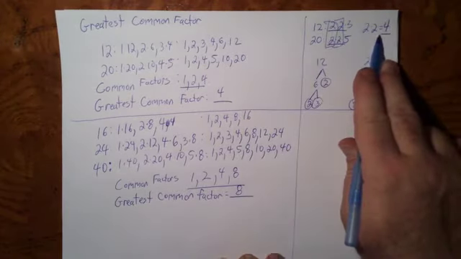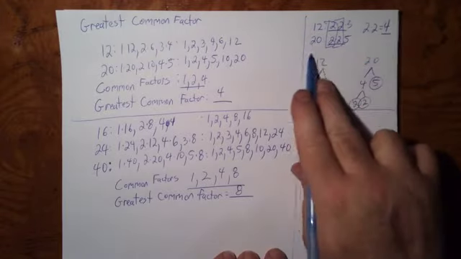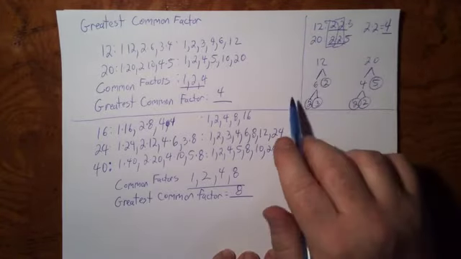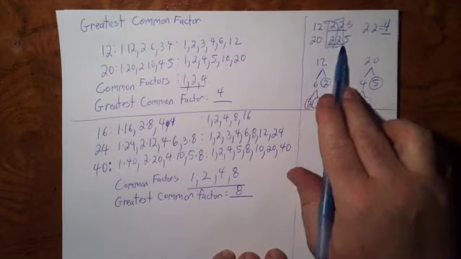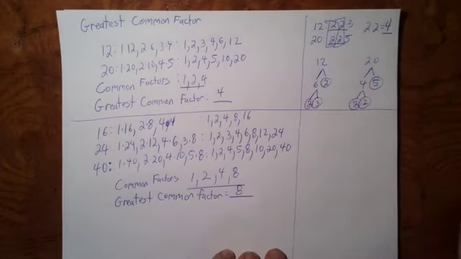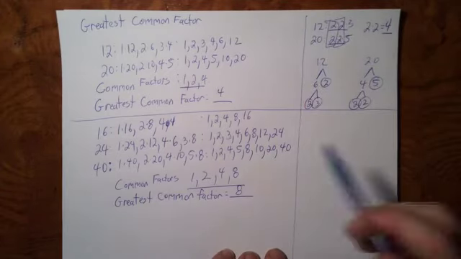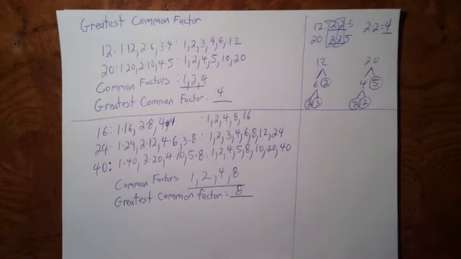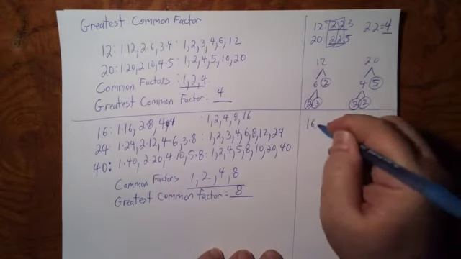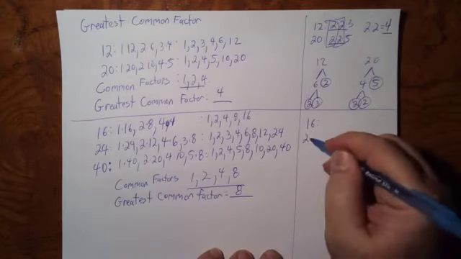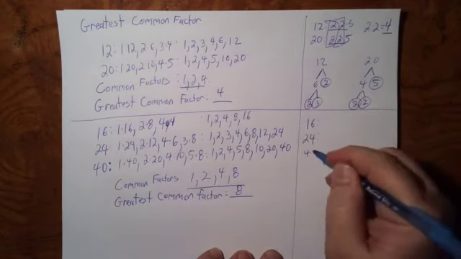So we can obtain the greatest common factor for these two numbers by finding the product of their common prime factors. Let's take a look at the example below for 16, 24, and 40. So we're looking for all the prime factors for 16, 24, and 40.